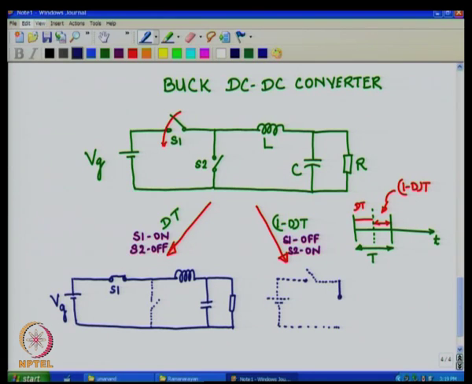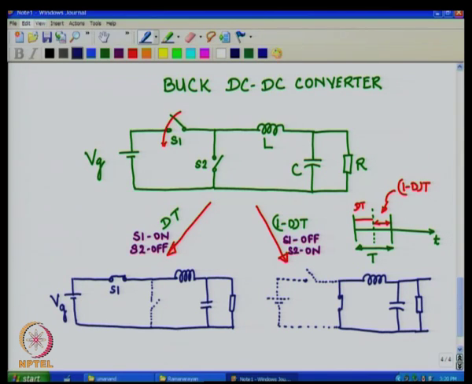We have S2 on as shown here, and the inductor and the capacitor, which contain energy by virtue of the voltage across them and the current through them, and the inductor energy will freewheel through the switch S2. So, this is how the circuit would look when the switch S2 is on and S1 off.